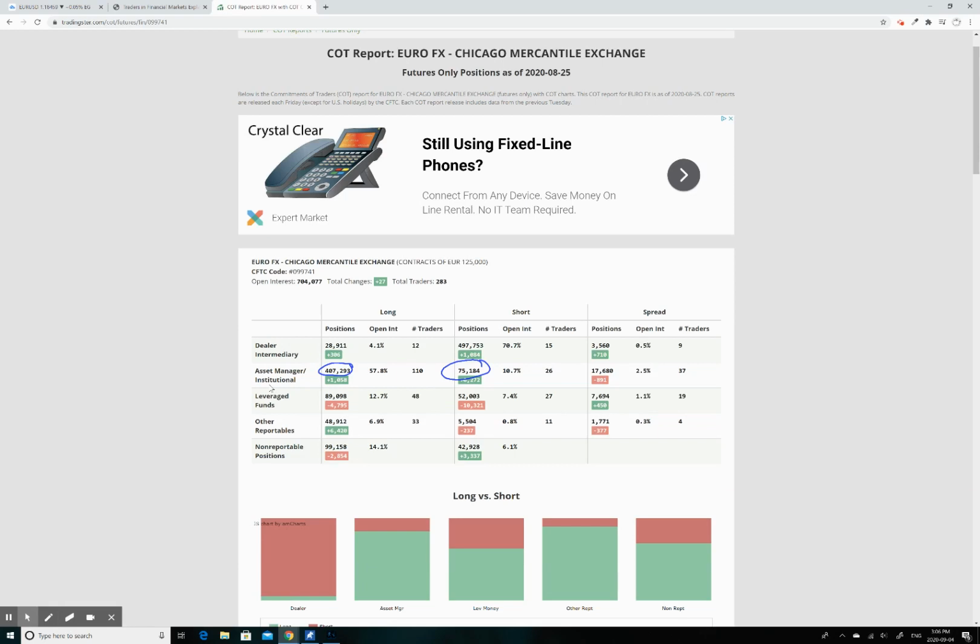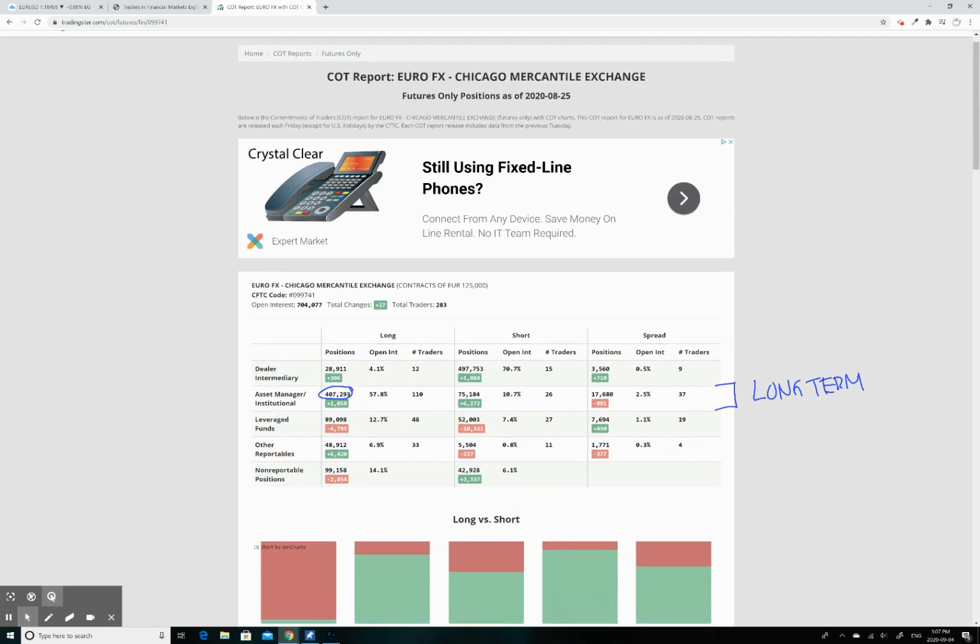Now let's look at what's happening next. And remember, this is our long-term movement. Our institutional level traders, these moves happen more over the long term. And we're adding to long positions. However, and this is something to note, they're adding a lot more short positions, 6,000 more short positions.